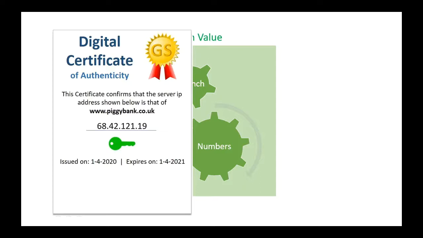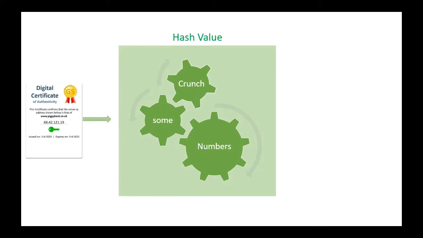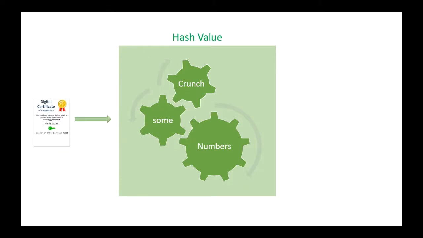Let's use what we know to create the digital signatures that we want to attach to our digital certificate. Well, as it is the digital certificate itself that we want to authenticate, that is, make sure it is genuine and not modified in any way, i.e. a forgery, we start by running it through a hash calculator algorithm, and it generates this pseudo-unique value.